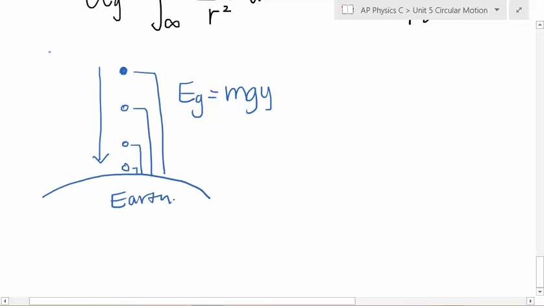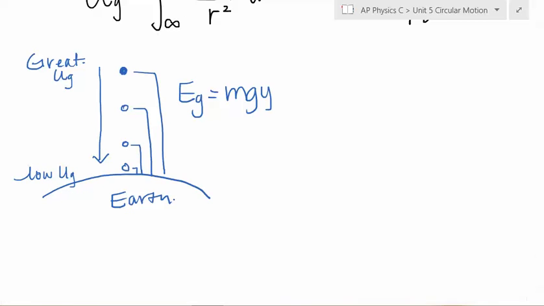So this is the greatest gravitational energy, and then down here we have the lowest. I'm talking about just something at classroom height. It doesn't have to be out in space. Okay? So as we go, this is the most to the least.